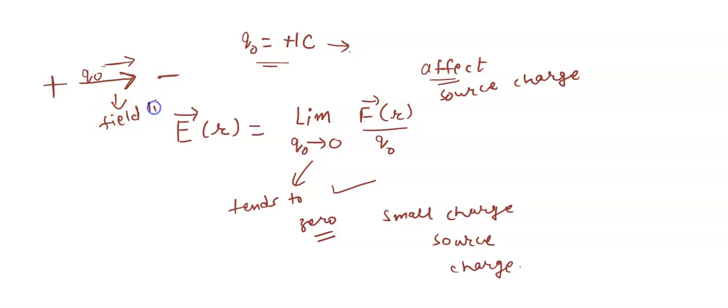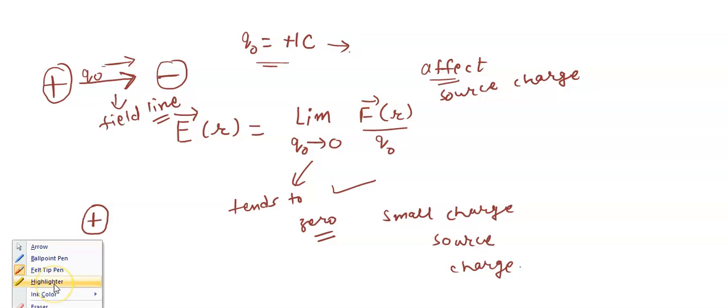So this positive charge will always move along the field line, which means field lines are always from positive charge to negative charge. Now there is a reason behind this. Suppose this is the positive charge and we are trying to plot the electric field lines. In order to do that, we assume that we take a unit charge.